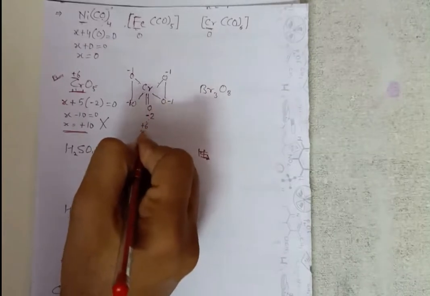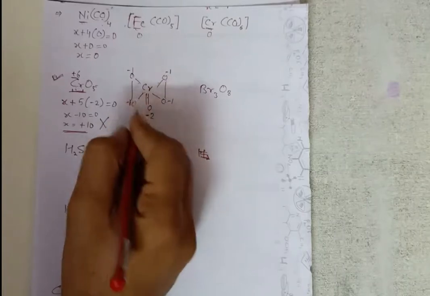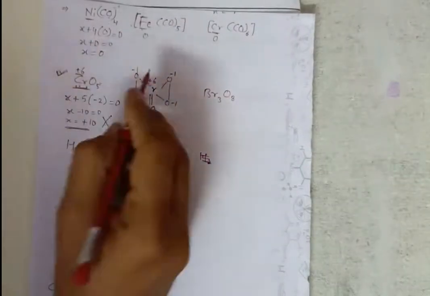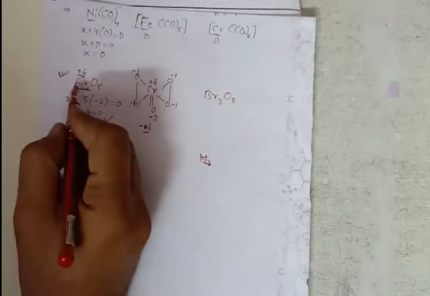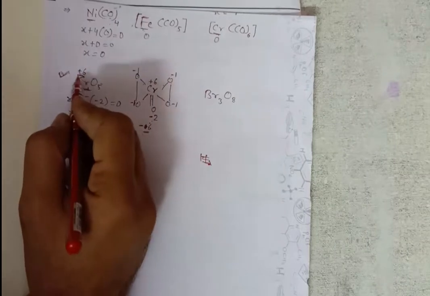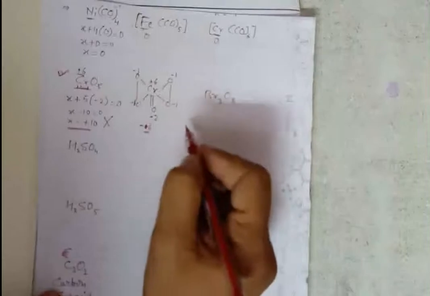The total is -6. On this oxygen, the chromium oxidation number will be +6. Now our answer is correct because the chromium maximum oxidation number is +6.